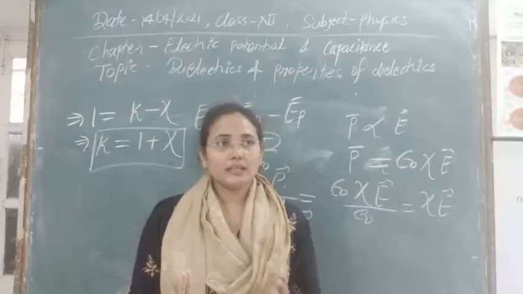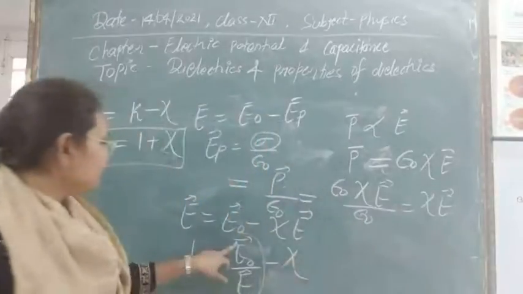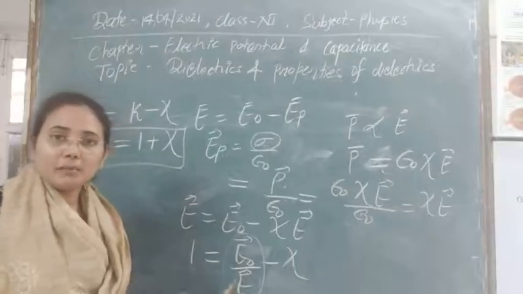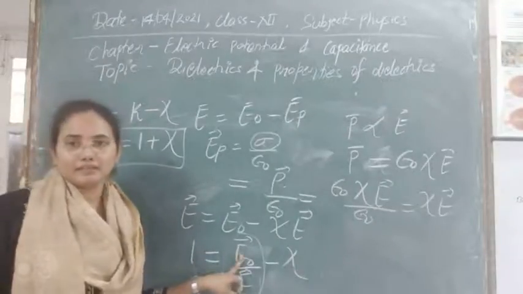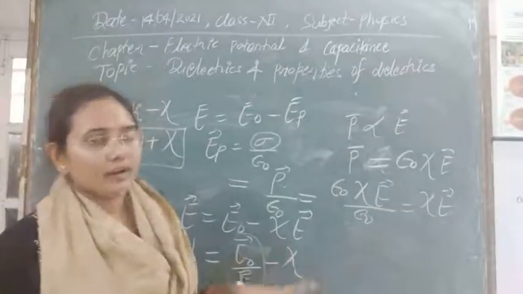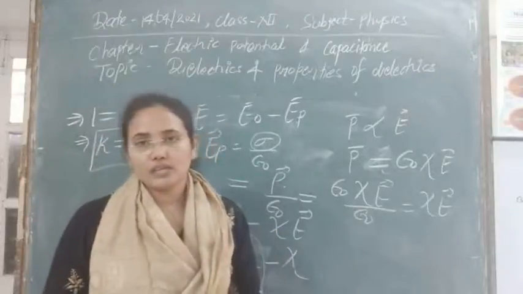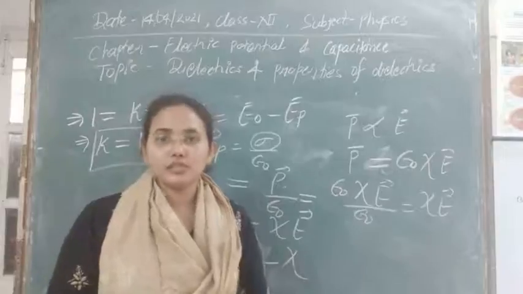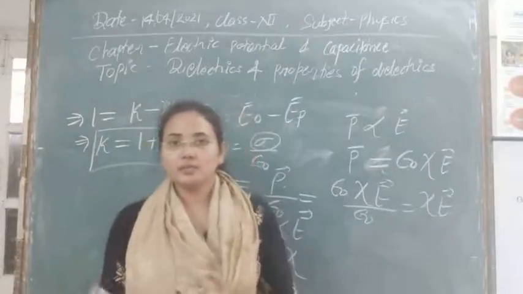By definition, it represents reducing the field by some amount: how much external electric field is needed, or if the external electric field is constant, what amount of polarization is produced inside so that it is reduced by some amount.